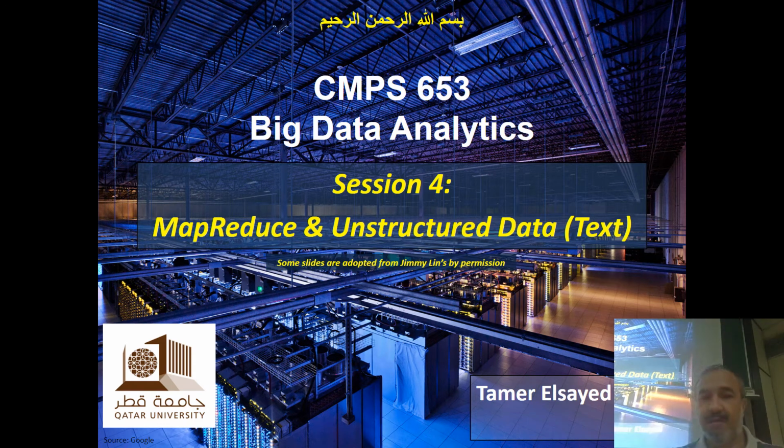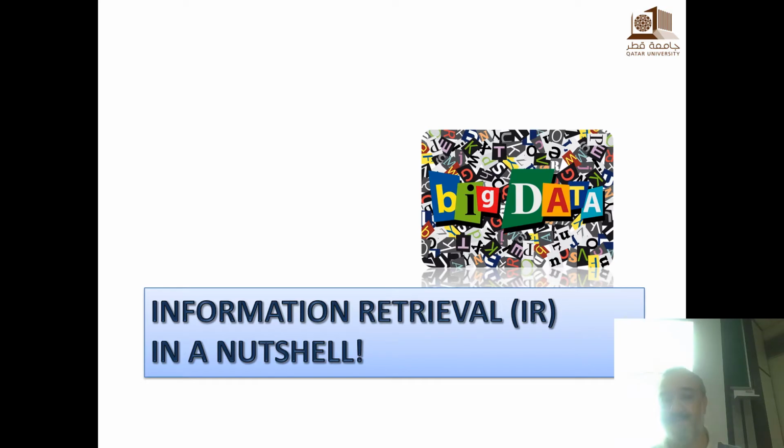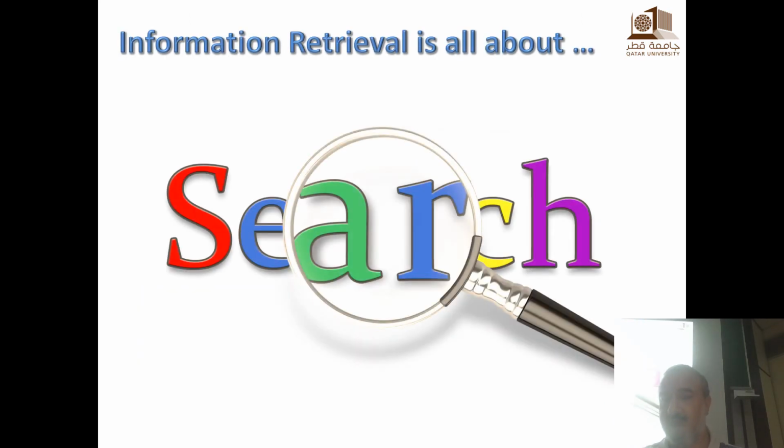So this lecture, we will focus on unstructured data or text. To do that, I have to give you a very brief introduction to information retrieval. Don't worry if you don't know anything about it. The main idea of information retrieval is search. We have some documents, and we have some information need. I want to find something within this collection of documents. How can I find it?